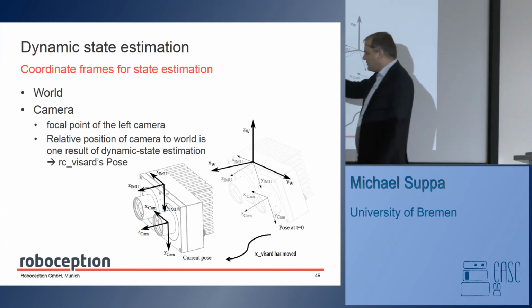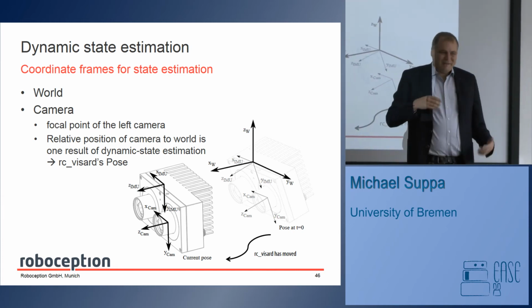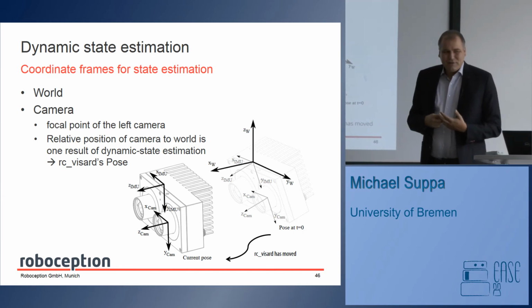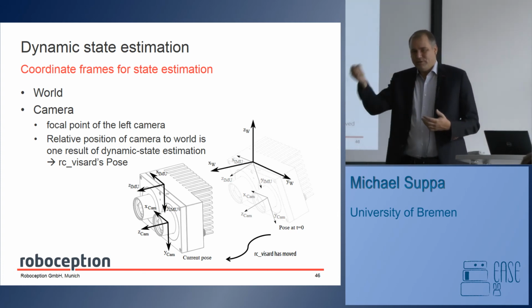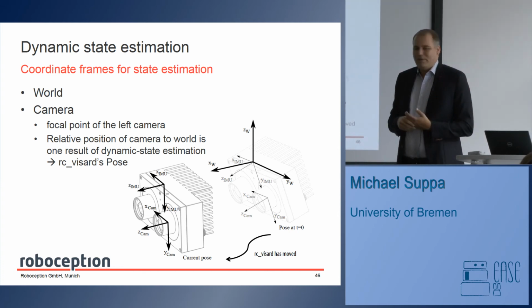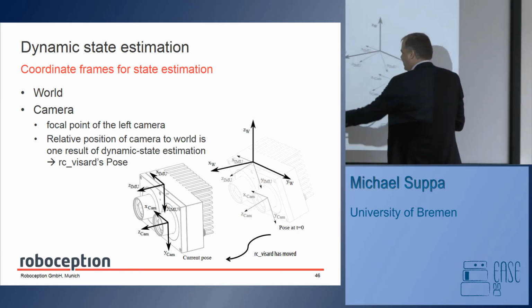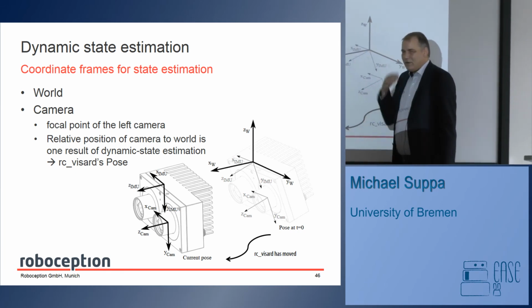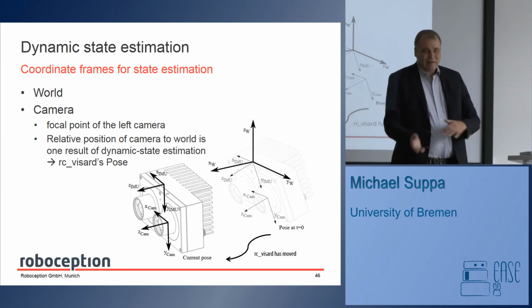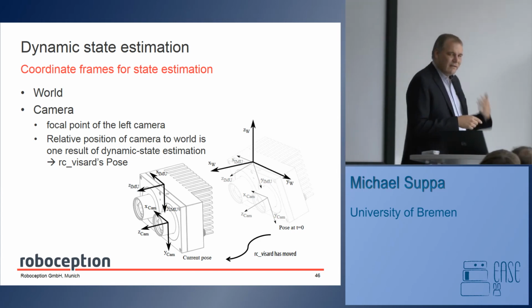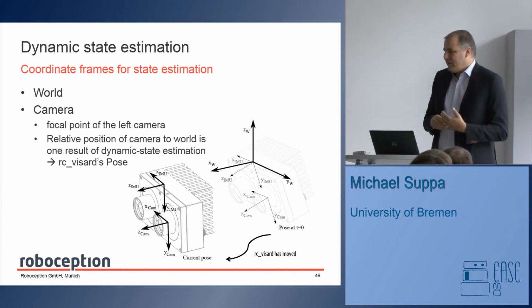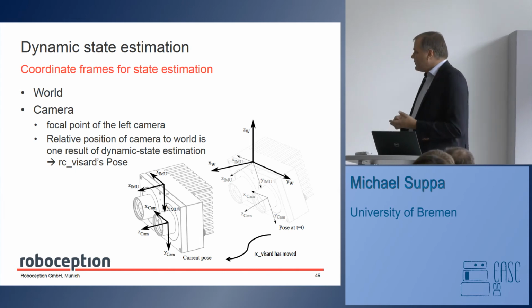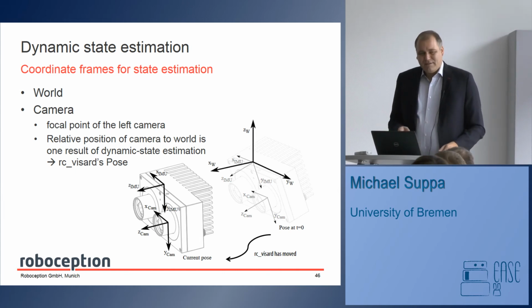The IMU system may be very nice, but it's not easy to calibrate unless you put it on a robot and do specific movements. It's much more complicated. So this is why we decided the main frame is in the camera. This is what we relate our internal coordinate systems to, and this is how we can calibrate it to the external world.